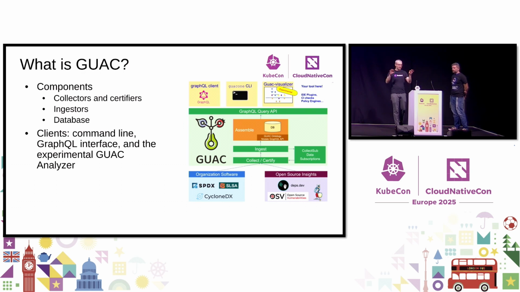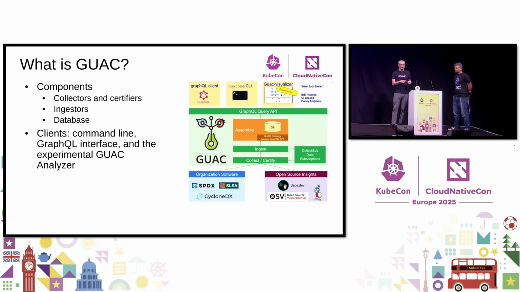And then on the top are things that you can use to access all the information in the GraphQL API. So there's, of course, GraphQL itself. If you write queries to, say, I'm interested in which package is connected to this package, is connected to that vulnerability, things like that. We have a CLI to answer some typical questions.